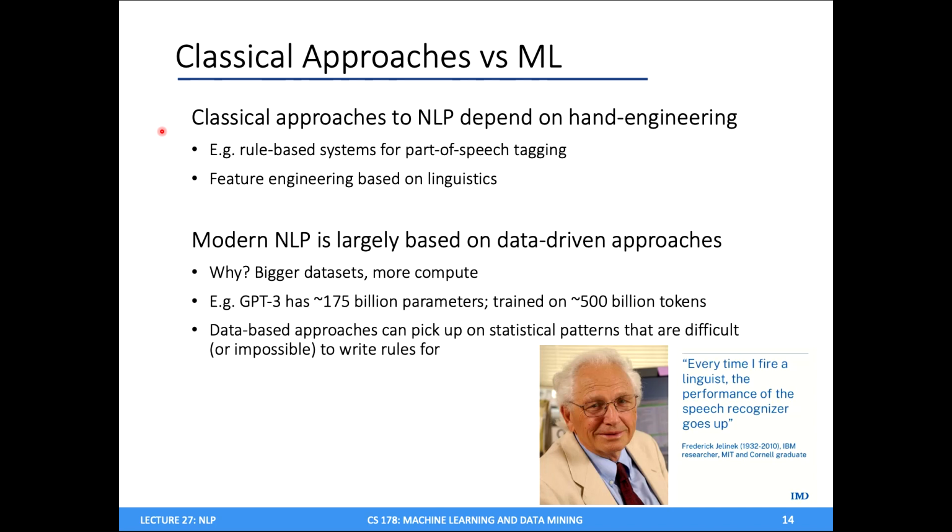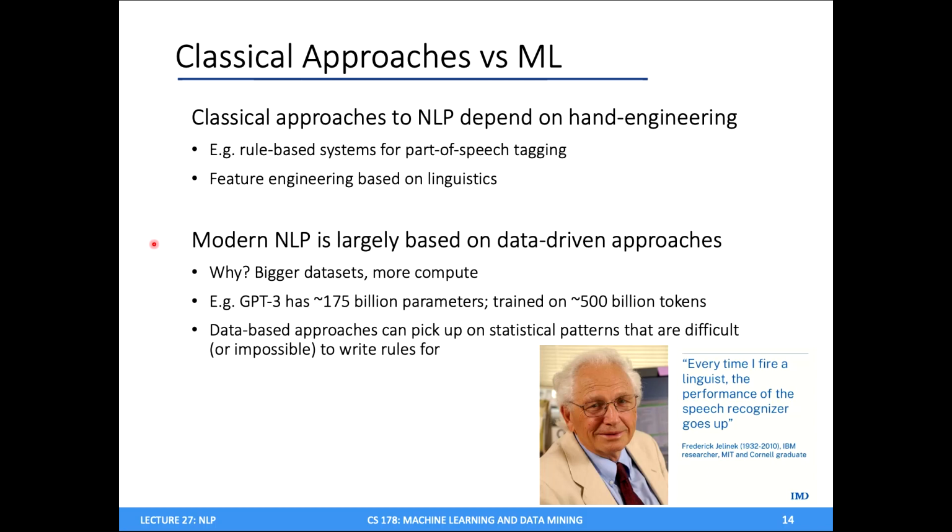So a lot of rule-based systems for part of speech tagging, where you would hire a bunch of linguists to come in, look at your text data, and design rule-based tree systems to figure out, okay, is this a noun, is this a verb? Try to do named entity recognition based on rules. But this is very, very difficult because of all these problems we talked about with natural language.